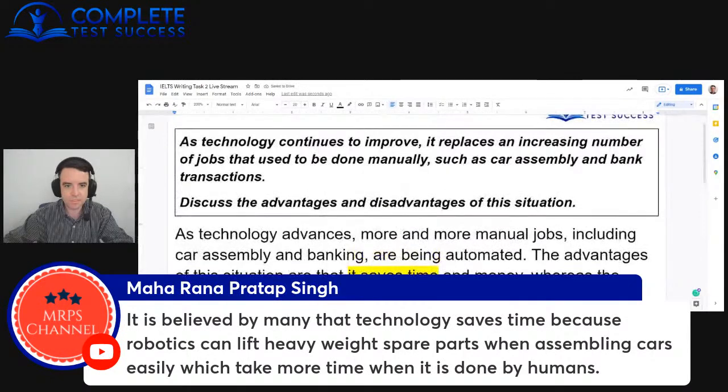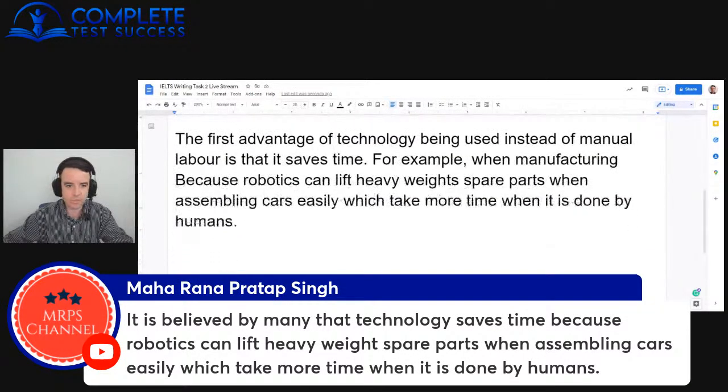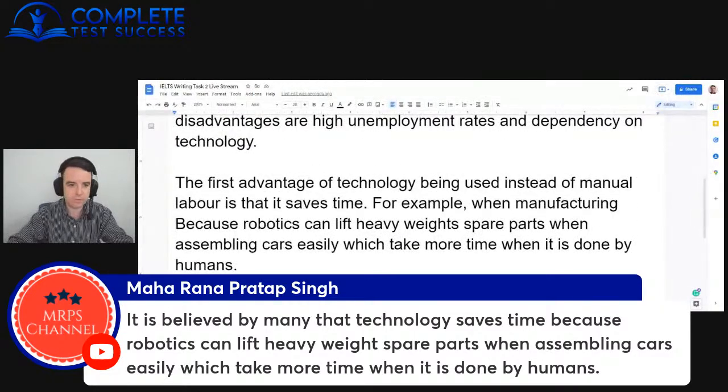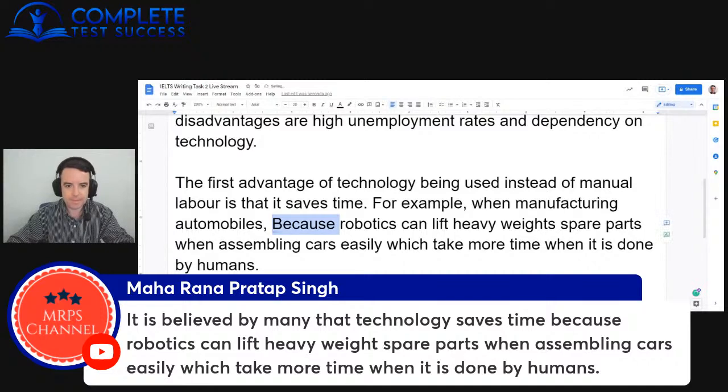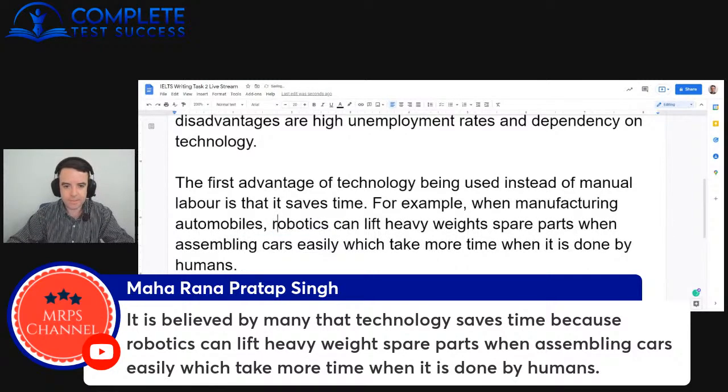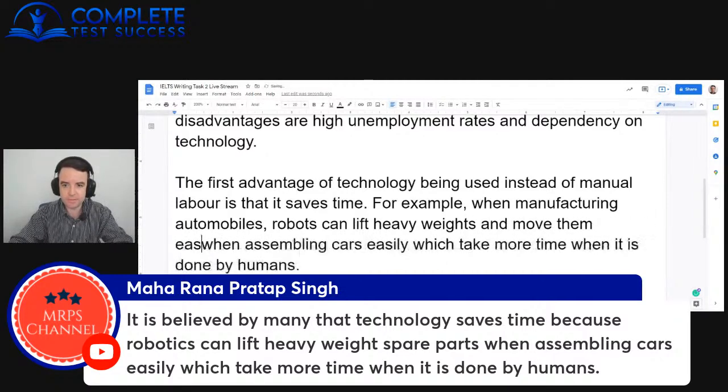Let's see, what word did they say in the question? Car assembly, so we'll use just a different word, automobiles. Robots can lift heavy weights and move them easily.